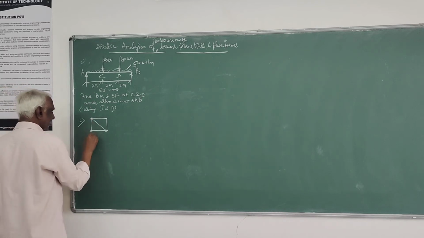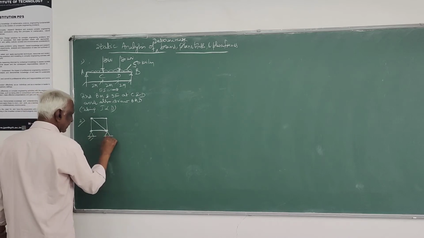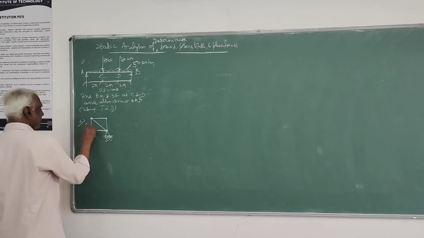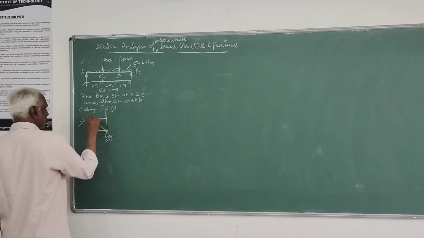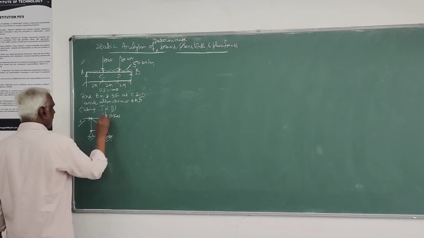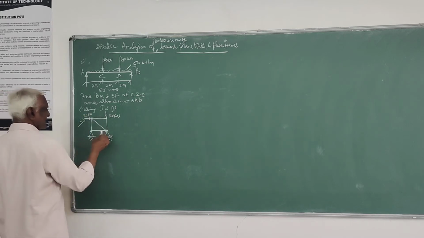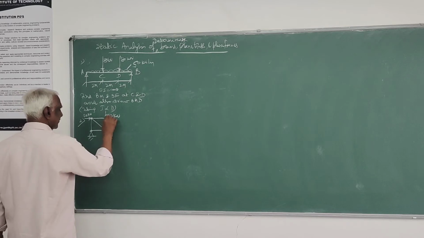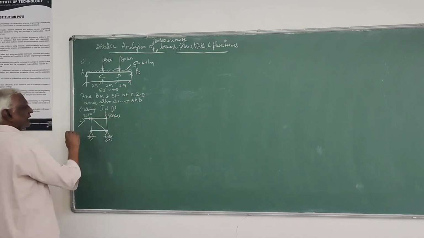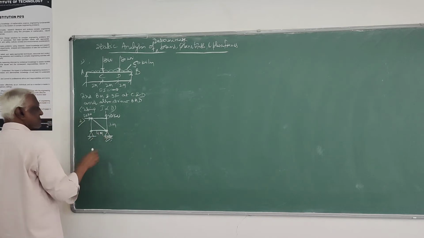So this you can analyze, and of course by method of joints, because for simple problems you can always do the analysis by method of joints. 20 kilonewtons, 10 kilonewtons, or this you can take 50 kilonewtons and 20 kilonewtons, 3 meters, 4 meters.